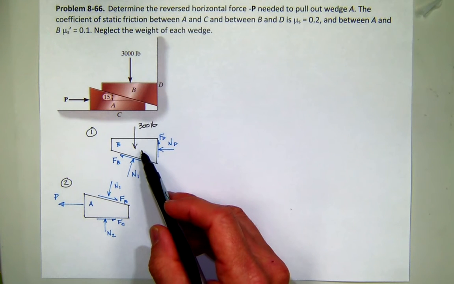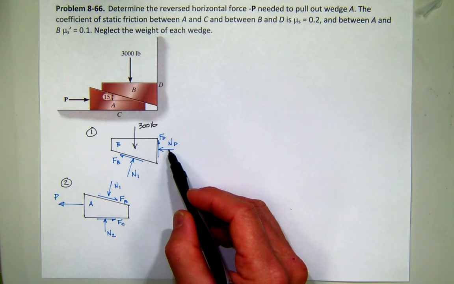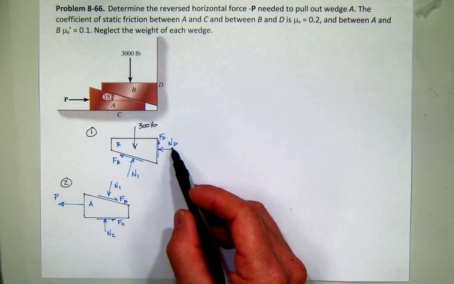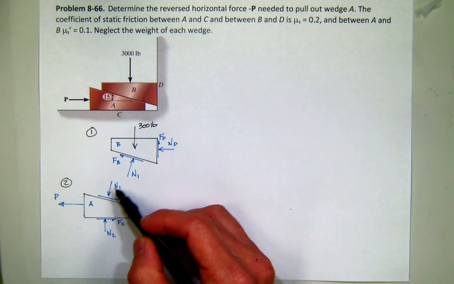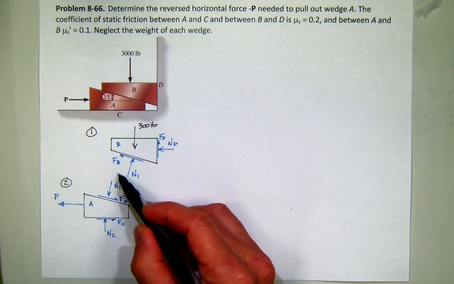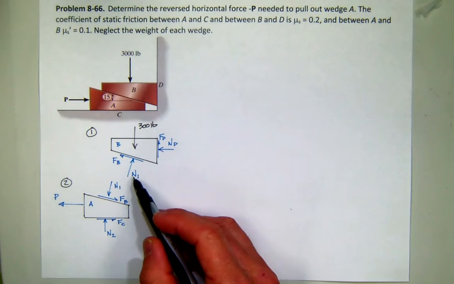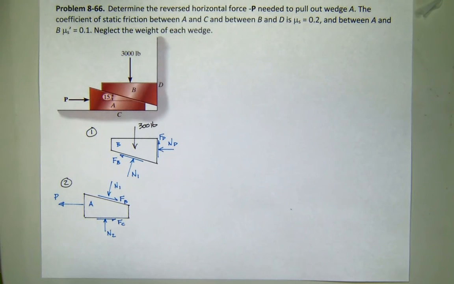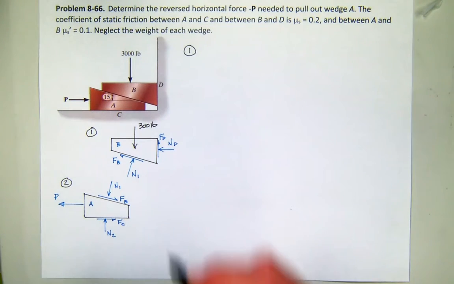Again, the block is going to move down, so I have a relationship here, so there's just one unknown, the normal force. Same relationship here because of impending movement, so I just don't know the normal force. So really, free body diagram 1 just has 2 unknowns, N1 and ND. So that's where I'll start. I'll start with free body 1.